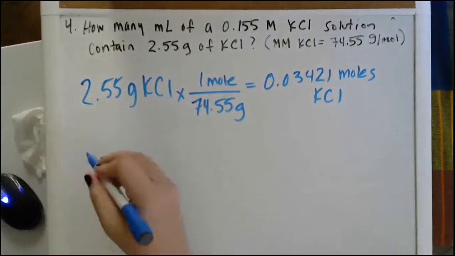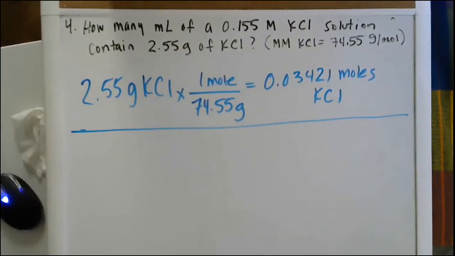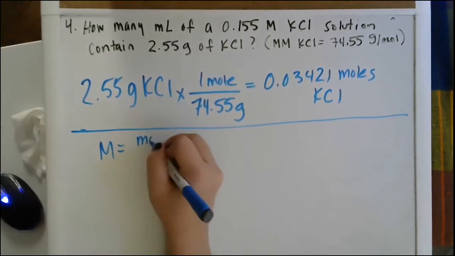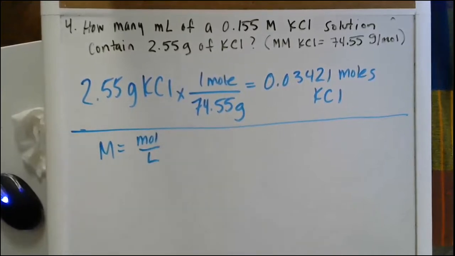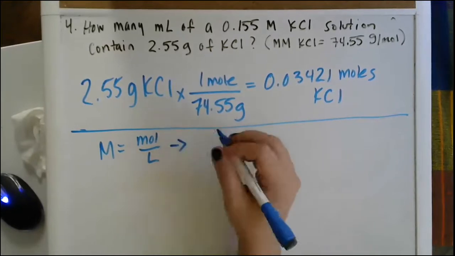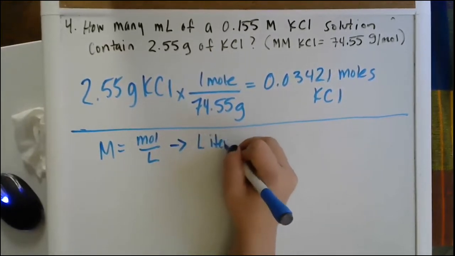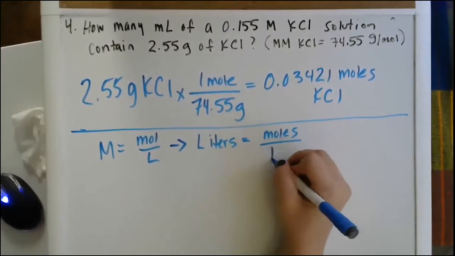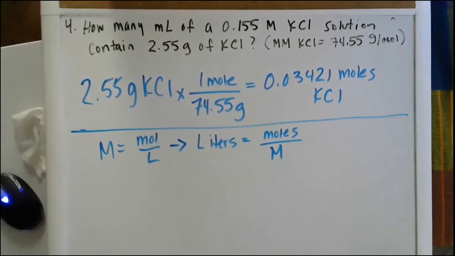Okay, now that that's done, now we can look at our molarity expression. All right, and we are going to solve it for liters. Okay, so if you do the algebra out, now we've done it longhand twice, so I'm going to start to shorten it a little bit in our whiteboard calculations.